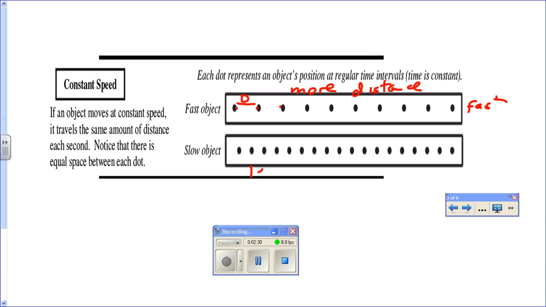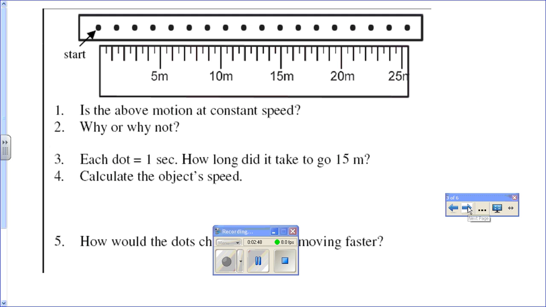This is less distance. So this is slower. So what you do is you think about the distance over the time. It's the same time. Whenever you look at these two, it's the same time. This one up here covers more distance. So the one down here is covering less distance. All right. And it was steady.